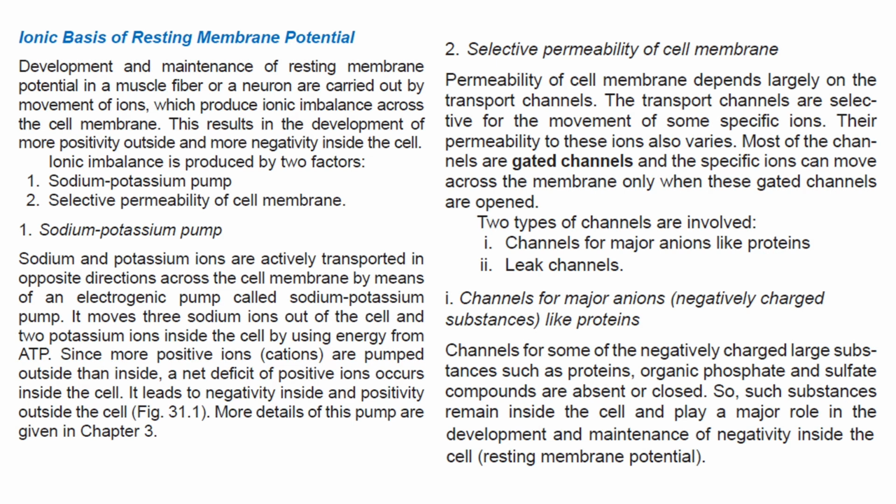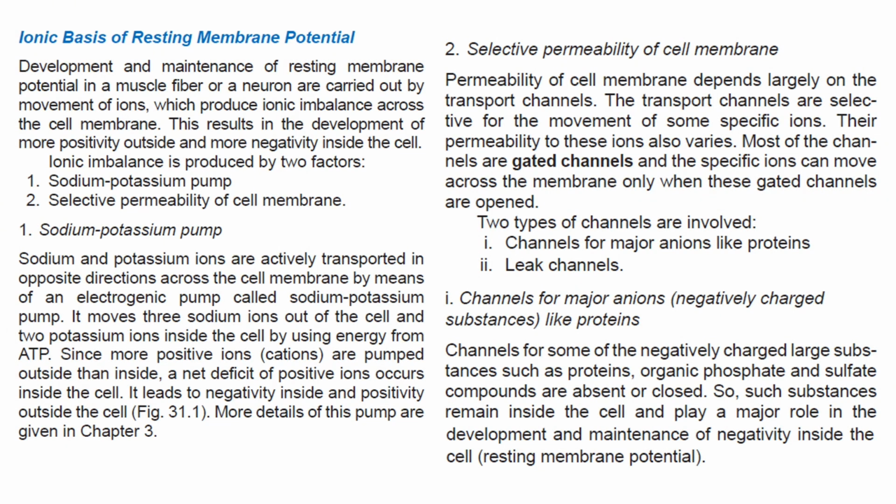This process requires energy from ATP. By moving more positive ions outside than inside, the pump creates a net deficit of positive charge within the cell. This contributes to the negativity inside the cell and the positivity outside, which is essential for the resting membrane potential. So the sodium-potassium pump plays a vital role in maintaining the electrical balance.